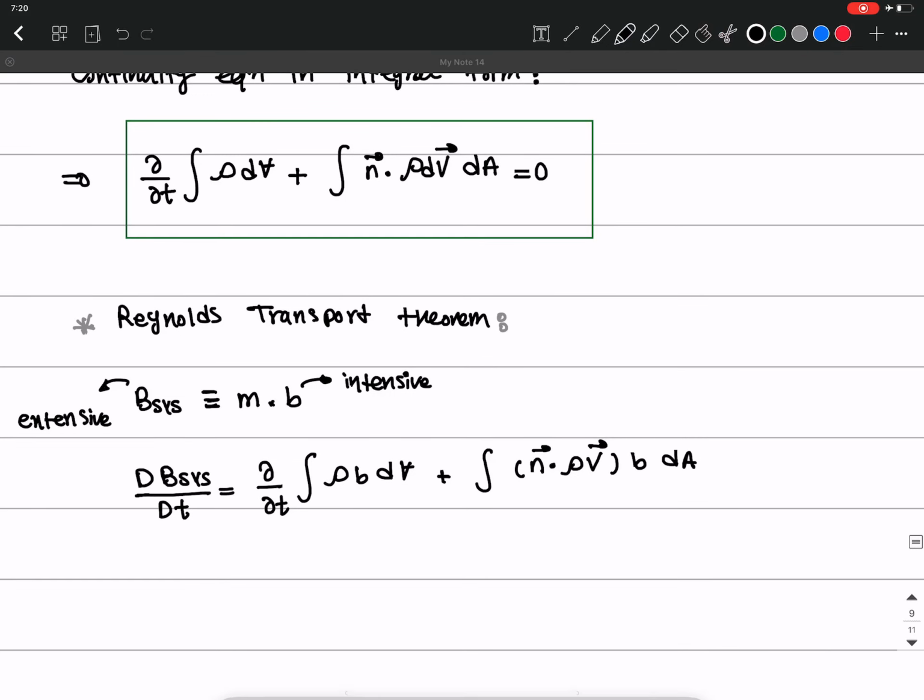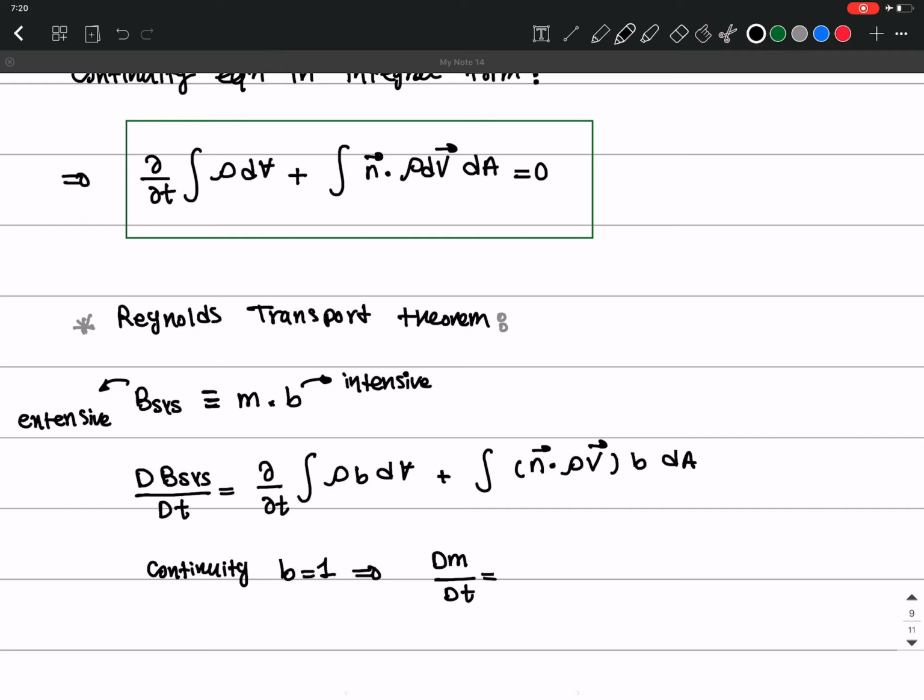So for continuity, what you need to do is just set this small b here to 1. So if you set small b equals to 1, what you are going to get is dm over dt.